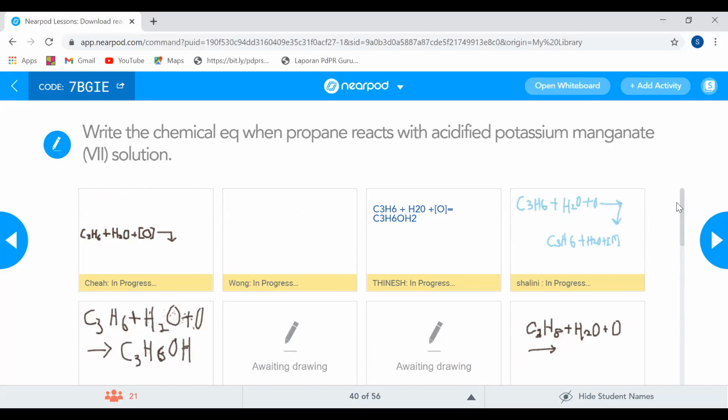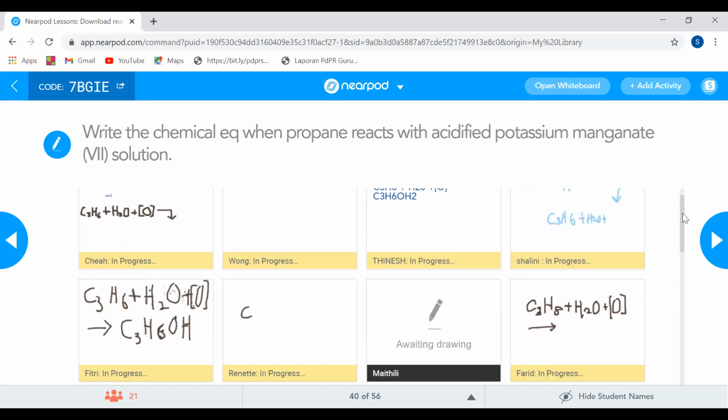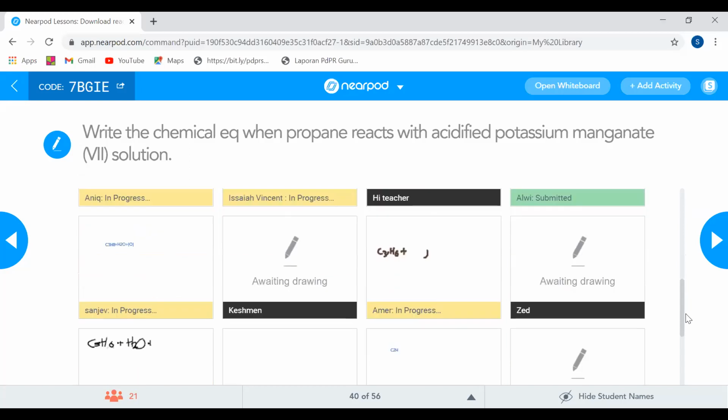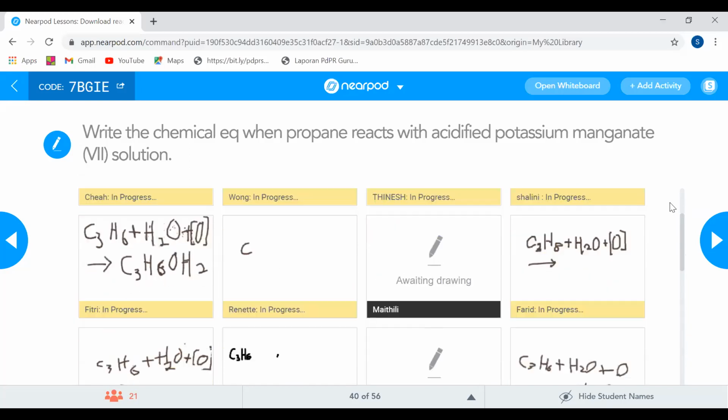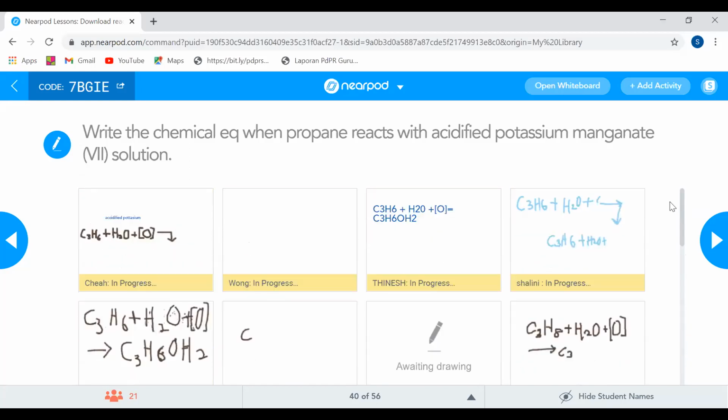A for acidified, P for potassium, M for manganate, 7, S for solution. Your arrow must be an arrow. It cannot be an equals sign. Equals is wrong.